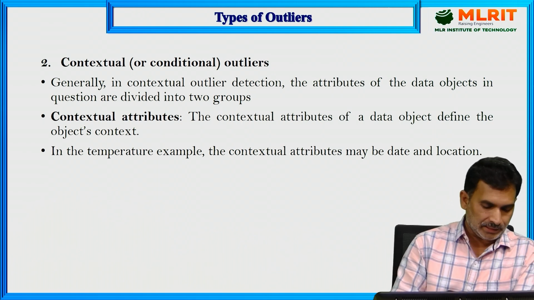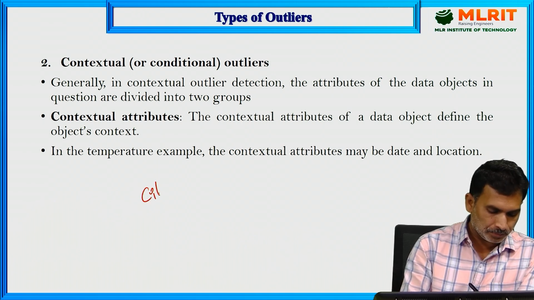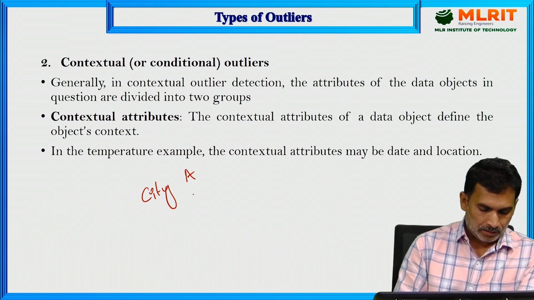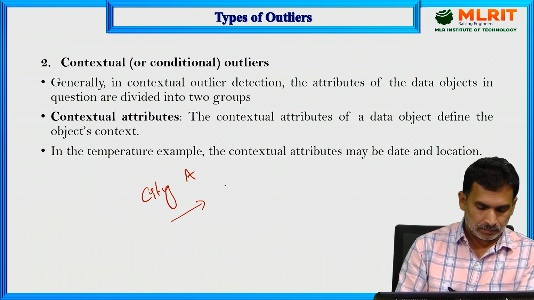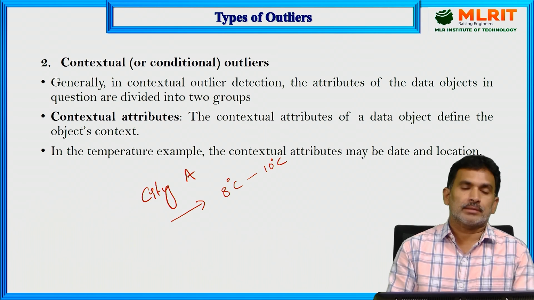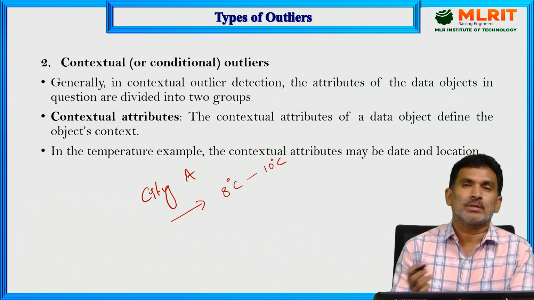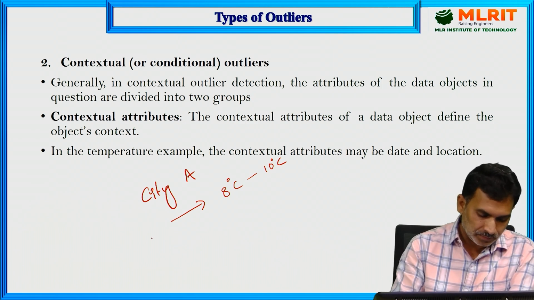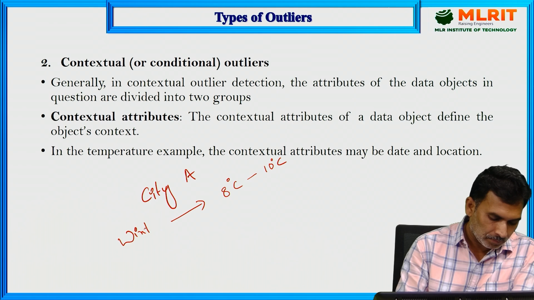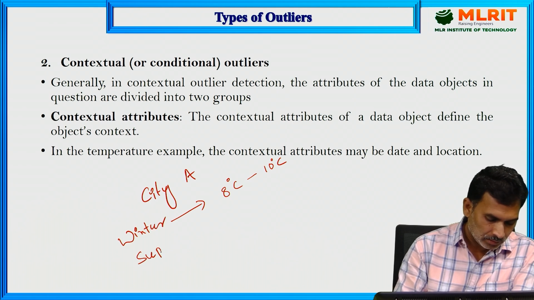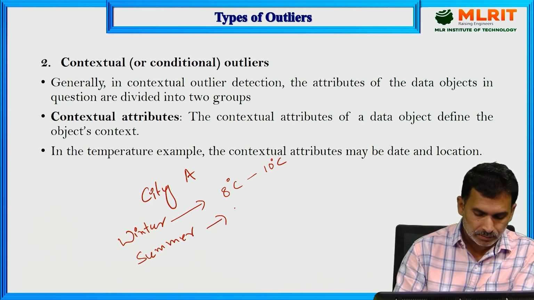So let us take a city, let us say city A, and the winter temperatures, let us say 8 to 10 degrees Celsius. That is, during winter the city temperatures would be in the range of 8 to 10 degrees Celsius, whereas in the summer, temperatures are from 30 to 45 degrees Celsius.